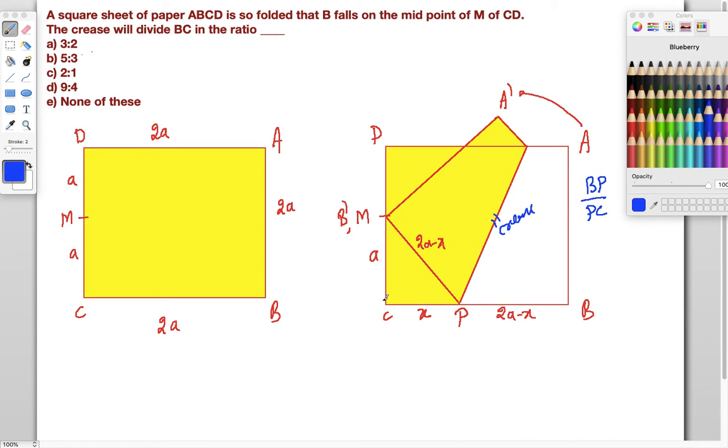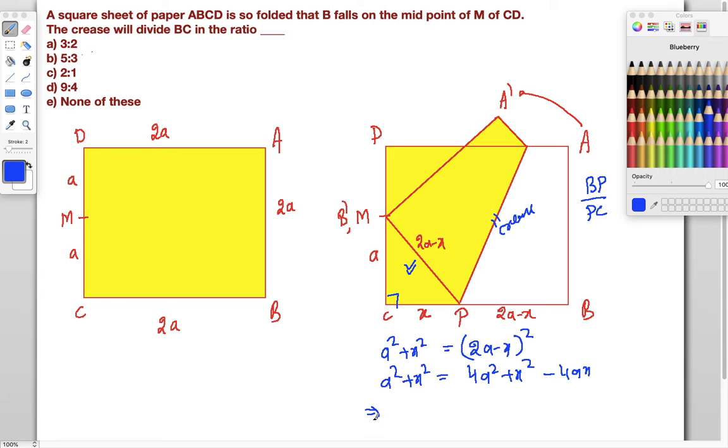Alright. So if you consider this particular right angle triangle, use the Pythagoras theorem. I can say a square plus x square is equal to (2a minus x) whole square. Now solve this. a square plus x square is equal to 4a square plus x square minus 4ax.